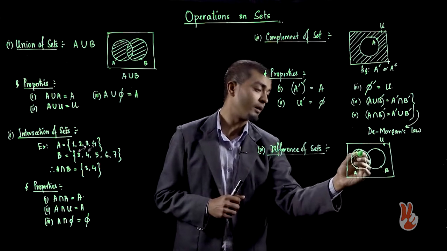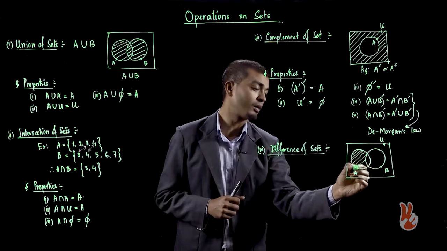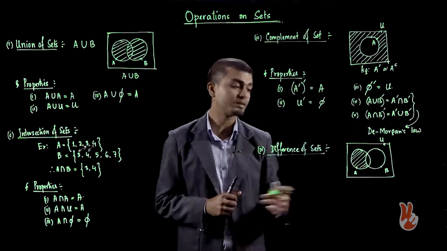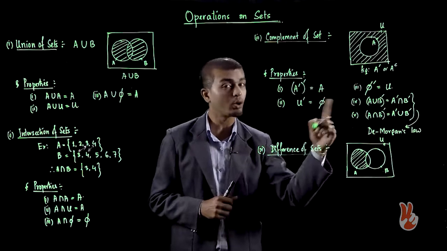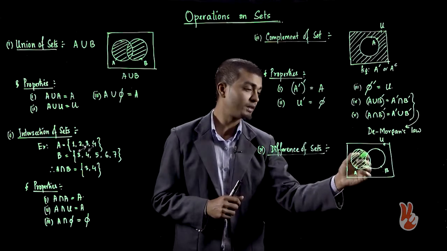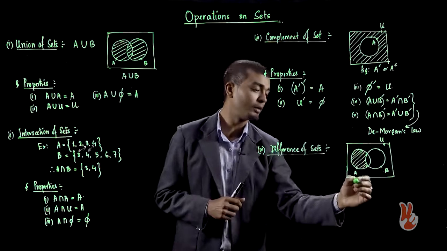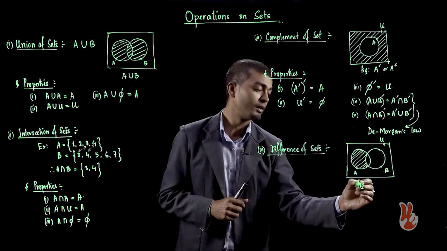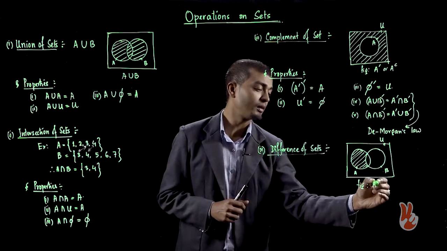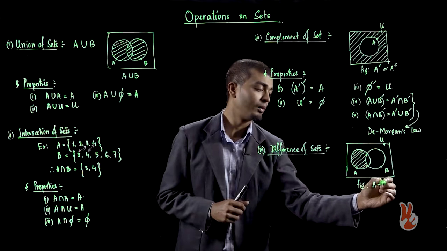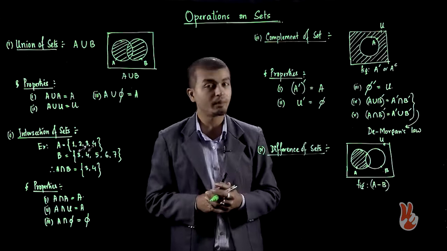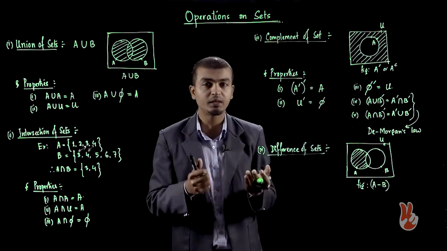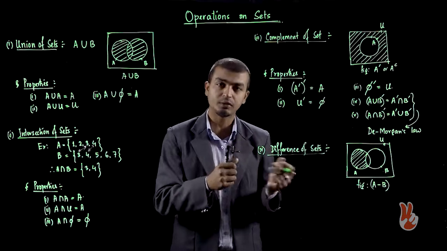Obviously this shaded part, that means the set of elements which are only in A but not in B. So this figure is representing A difference B, and the symbol is just like the usual minus. So it is A minus B, that is A difference B.